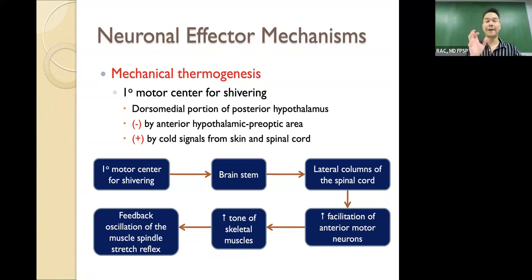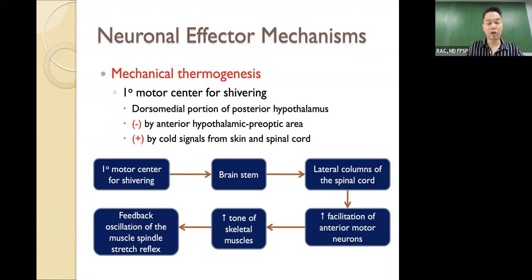And when the muscle contracts, again, it will send a feedback loop, allowing the muscles to relax. Now, if the anterior horn cells are facilitated, it causes oscillation of the myotactic and inverse myotactic reflex to occur, you will notice you now have a series of contractions and relaxations, no? So that's what's happening whenever the shivering mechanism is activated.